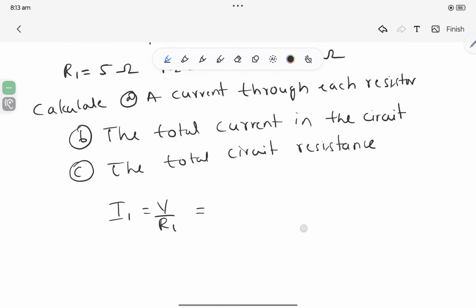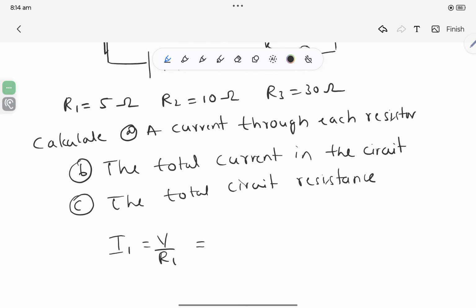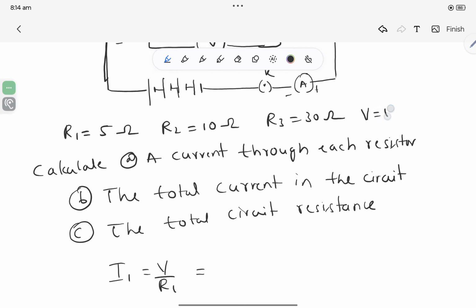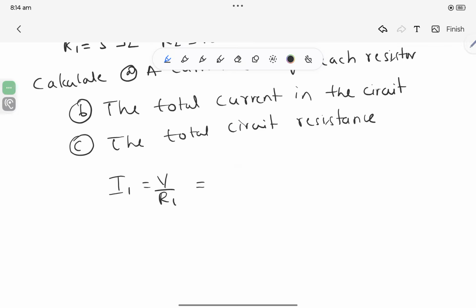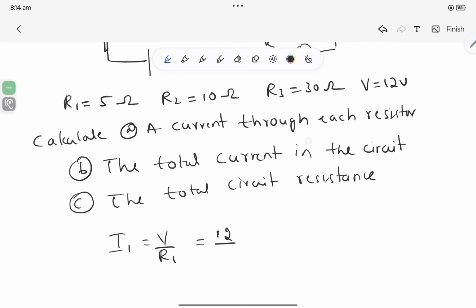V is constant, the voltage is 12 volt. Resistance R1 is 5. 12 divided by 5 becomes 2.4 ampere.